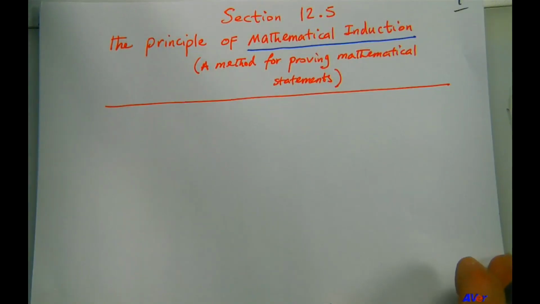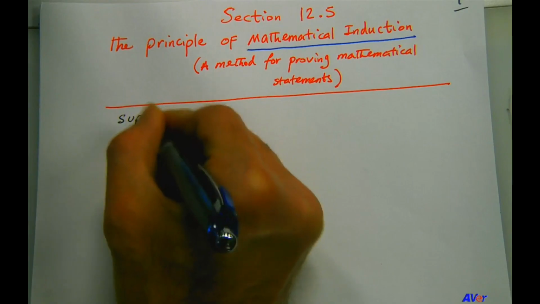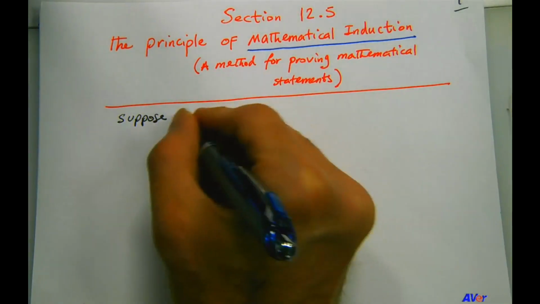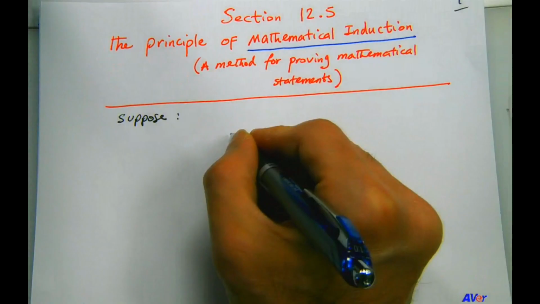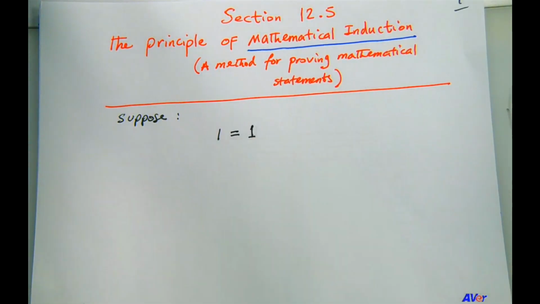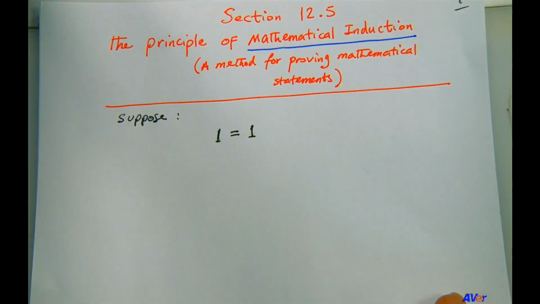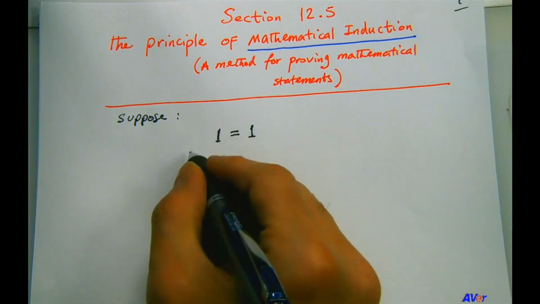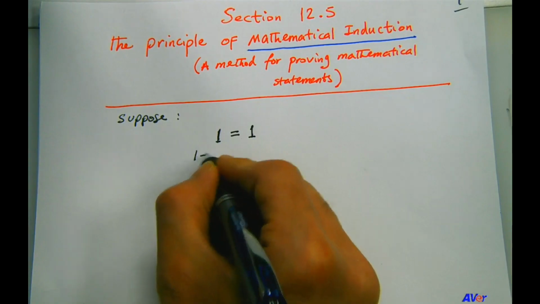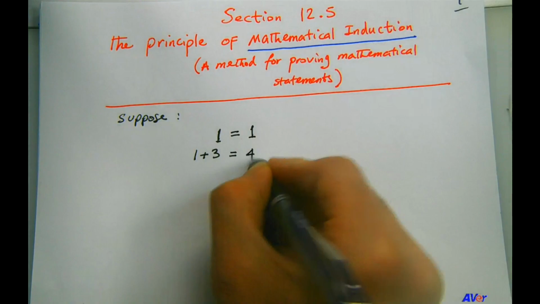So suppose I make an obvious mathematical statement, such as, suppose I say that 1 equals 1, right? Nobody could dispute that. Everybody agrees with that, right? Then suppose I say, okay, 1 plus 3 equals 4.